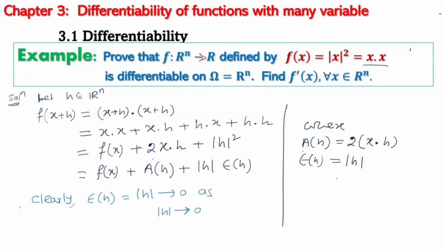Now we are left with showing that A h is linear. So next we'll show that A h is linear. A h is equal to 2 x dot h.